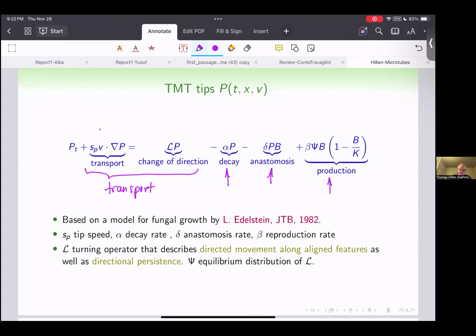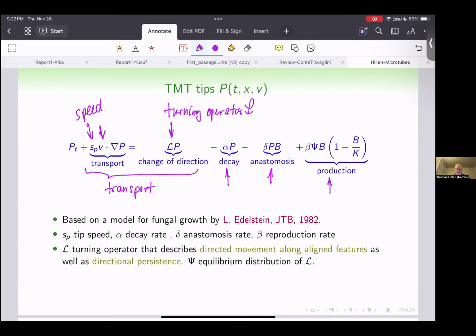The transport term here describes cells moving in direction v with a speed s_p, and we can measure the speed from the videos, and v is the direction. So this is the directed movement, the characteristic derivative. And then the change of direction is described by a turning operator L. I show you L in a second on a separate slide.